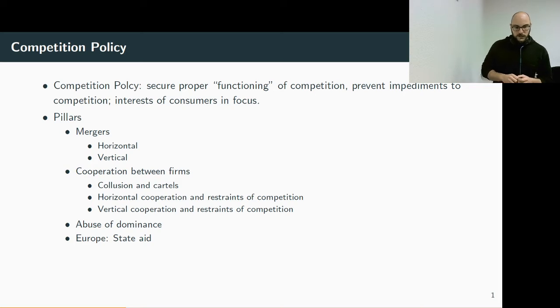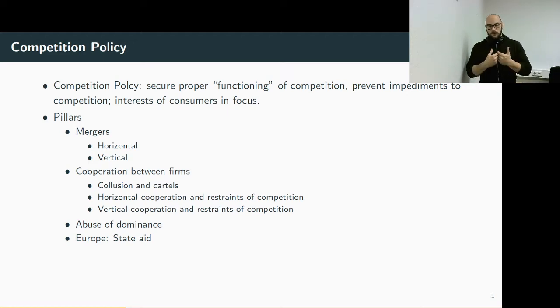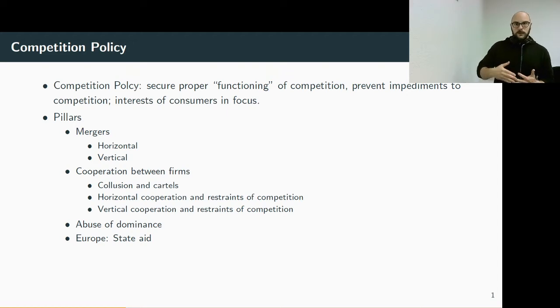This could, for instance, be the case with an R&D cooperation, where you want to introduce a certain innovation, but you can do that only if you cooperate. That can be beneficial to consumers, and it shouldn't be blocked per se. That's dealt with separately from collusion, from an economic perspective.